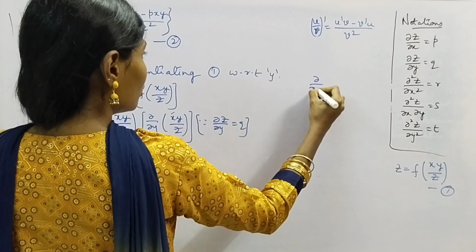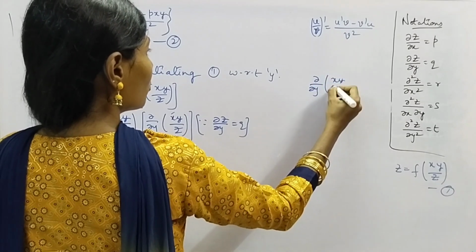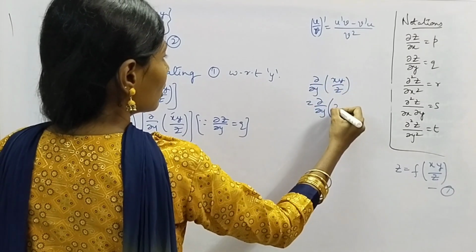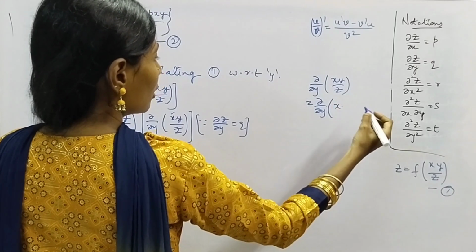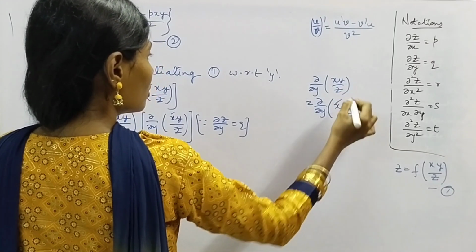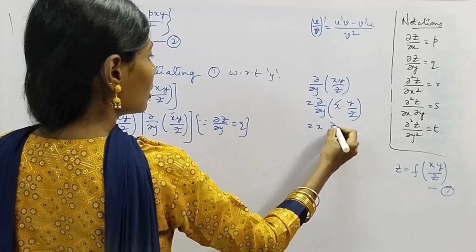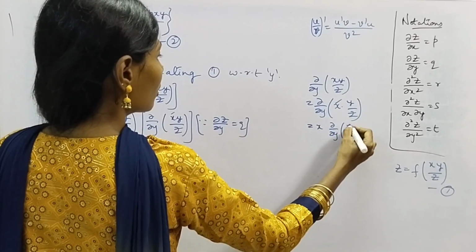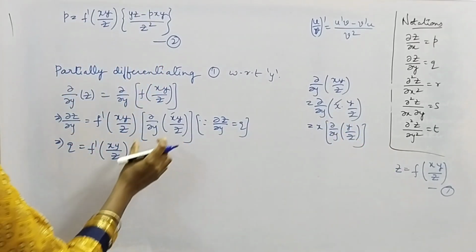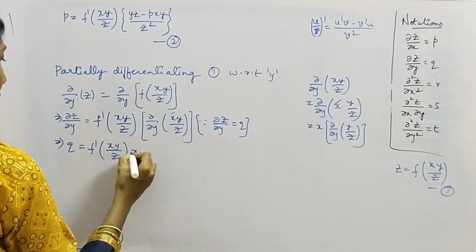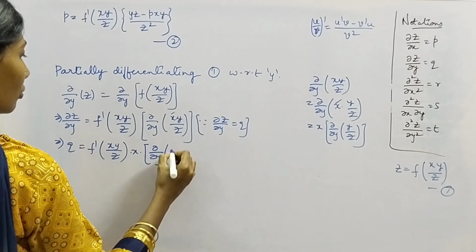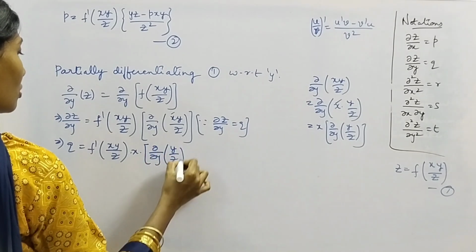So dou by dou y of xy by z can be written as dou by dou y of, here x is constant, we can write this fraction as x into y by z. Now x is constant, take it out, you'll get x into dou by dou y of y by z.